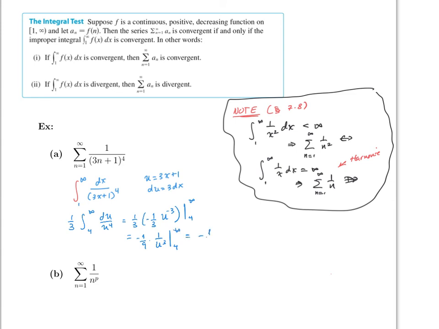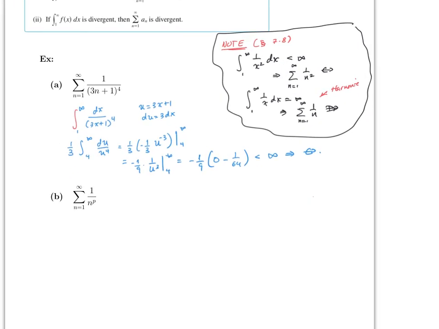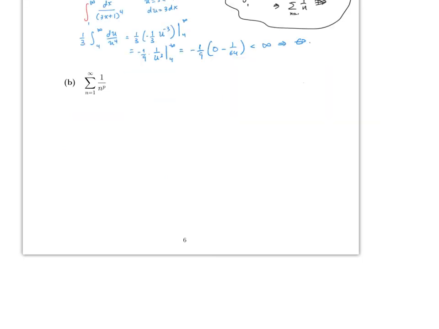If you apply infinity here, this will give you 0, and then it will be minus 1 over 64, which clearly is less than infinity. So that implies the integral is convergent, and therefore this series is convergent. Now pay a lot of attention to this problem. This is going to be very, very important for the future.